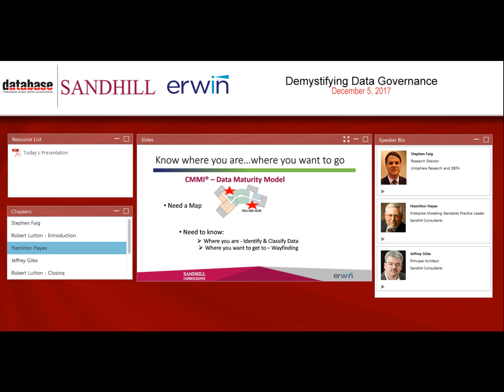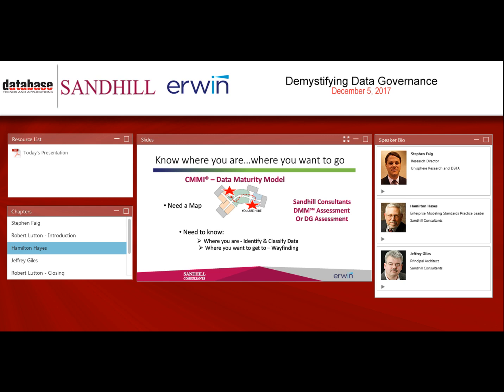Then I can say where I want to get to: I fold in my business objectives, I fold in my regulatory requirements, and I identify those critical points. Where are the big deltas or the small deltas? What are the priorities that I assign? There are a set of waypoints that I need to touch in order to get to my goal.